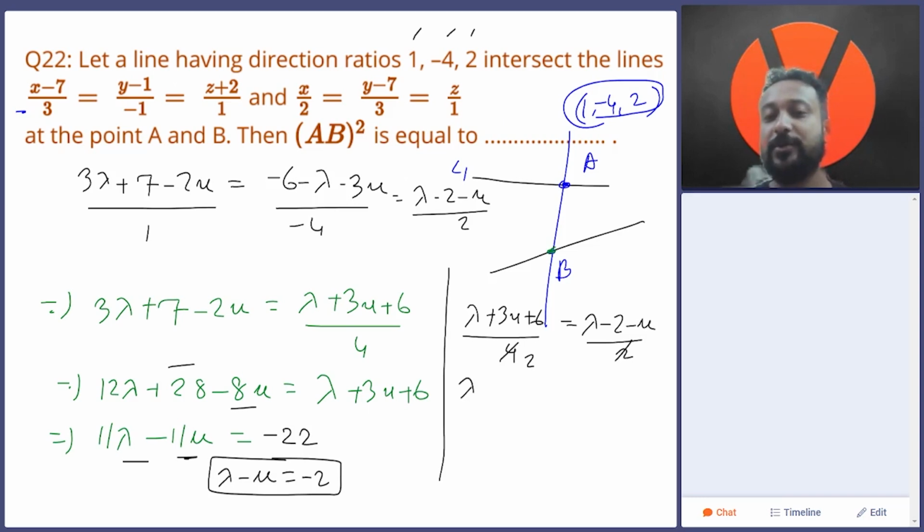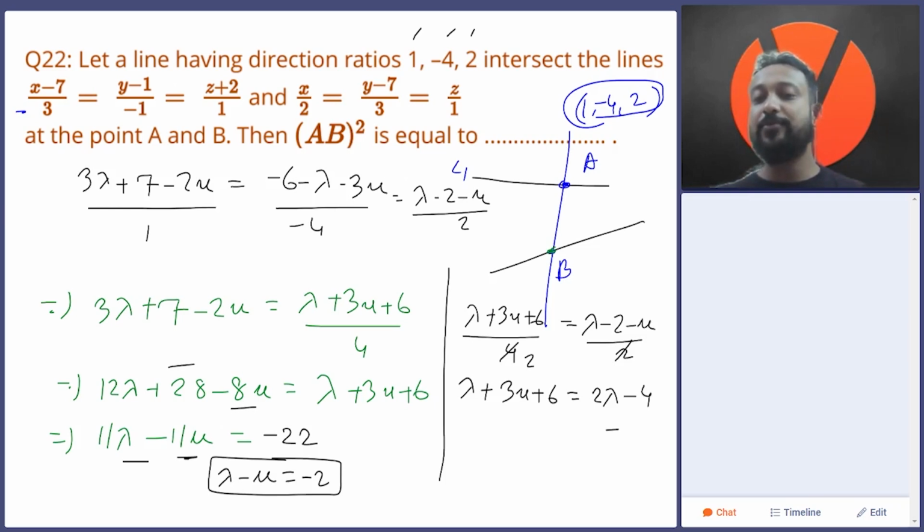So lambda plus 3 mu plus 6 will be equal to 2 lambda minus 4 minus 2 mu. Taking terms across, 2 lambda minus lambda is lambda, minus 2 mu minus 3 mu is minus 5 mu, on this side equal to 10. 6 plus 4 is 10. Great, so we got two equations.